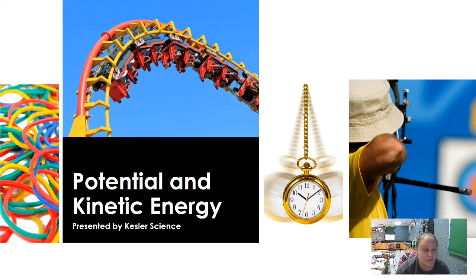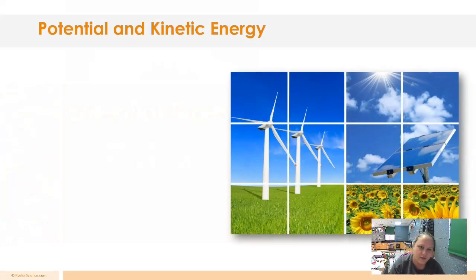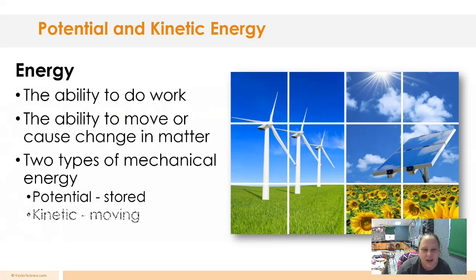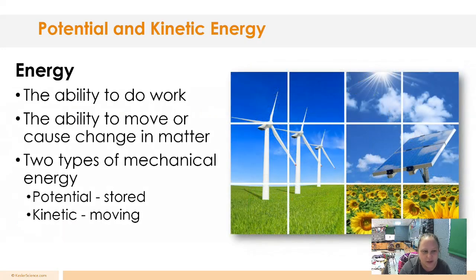But to start it off, we're going to learn about the two categories of energy: potential and kinetic. What we'll be looking at is how to compare and contrast potential and kinetic energy. Energy, I'm sure you have heard, is the ability to do work. It's the ability to move or cause change in matter.